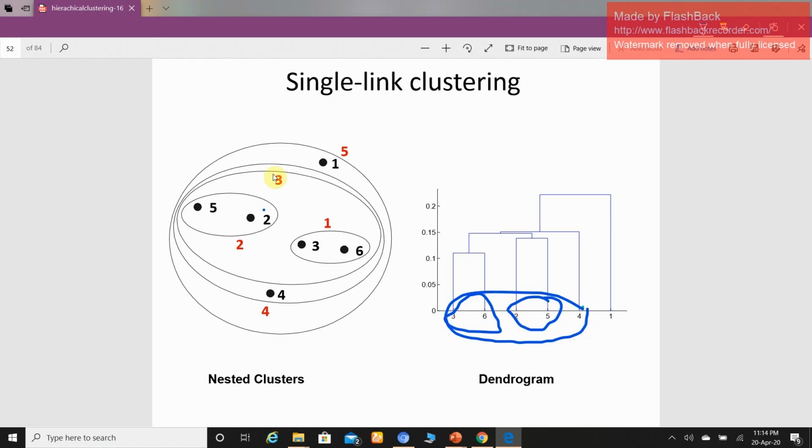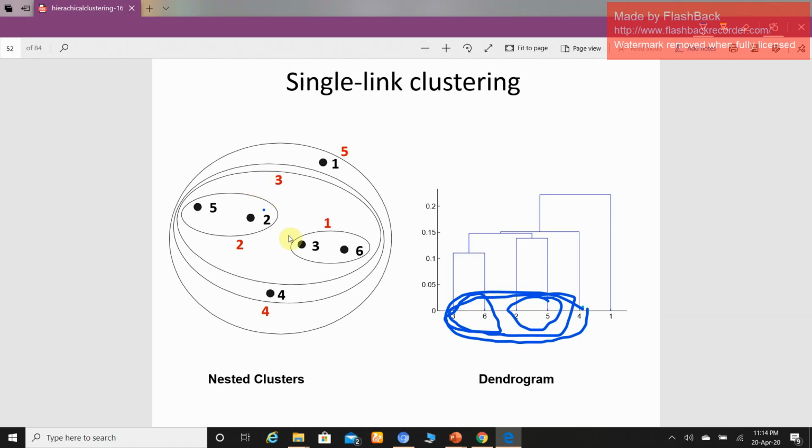Next 4, 3, 6, 2, 5 are in another cluster. In the third cluster, we have these four elements in one cluster, meaning 3, 6 and 2, 5 are in one cluster.